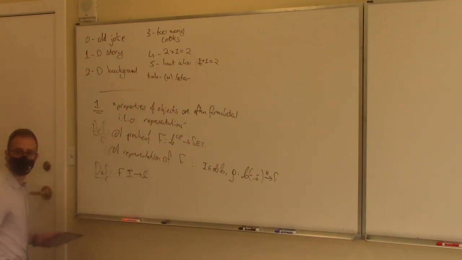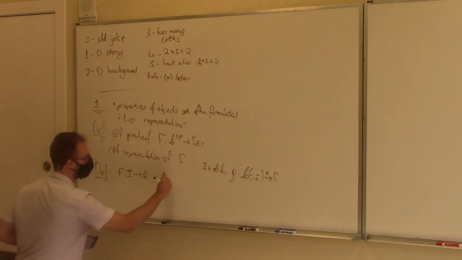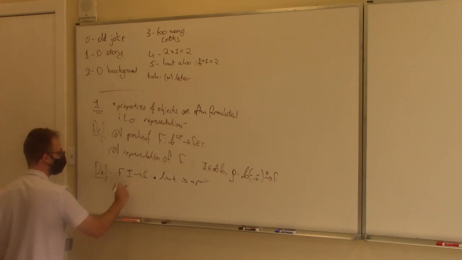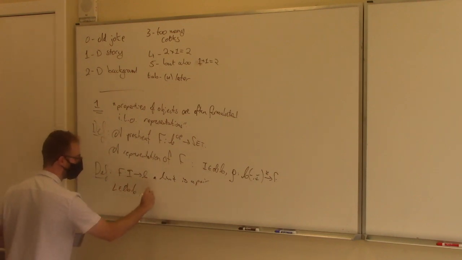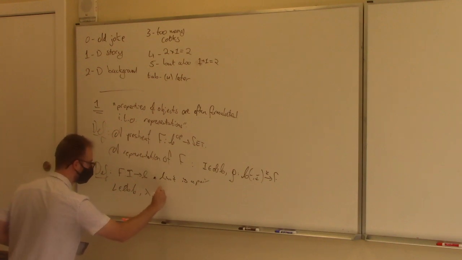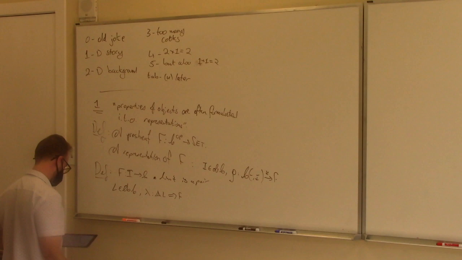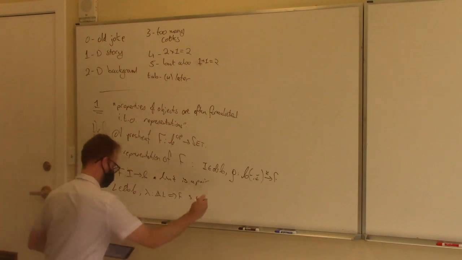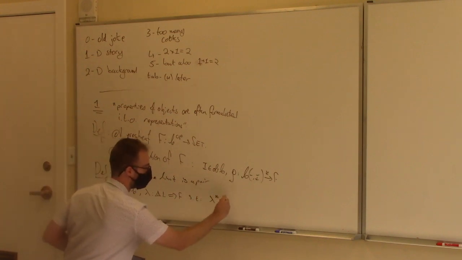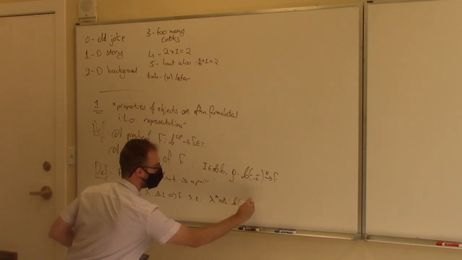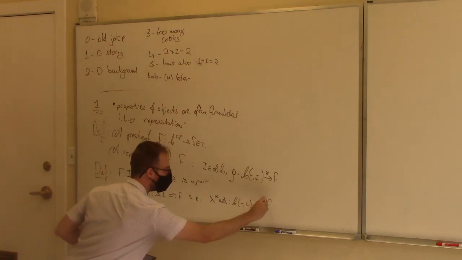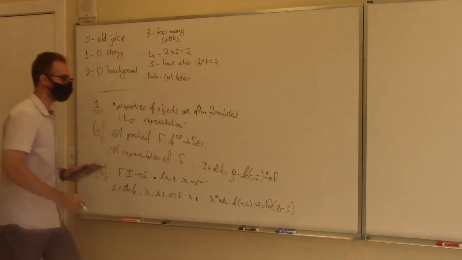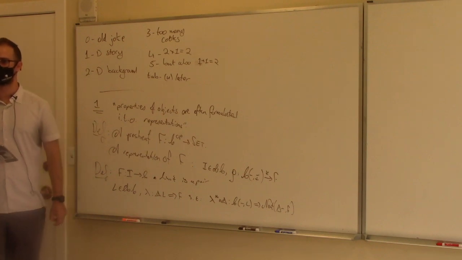So given a functor like this, we say that a limit of F is a pair of an object L in C and a natural transformation from the constant functor at that thing, such that that particular natural transformation is an isomorphism.